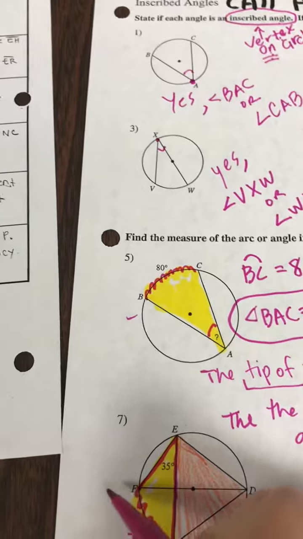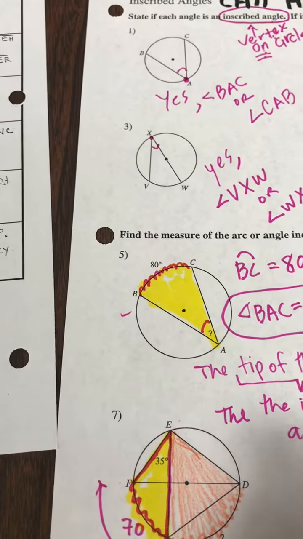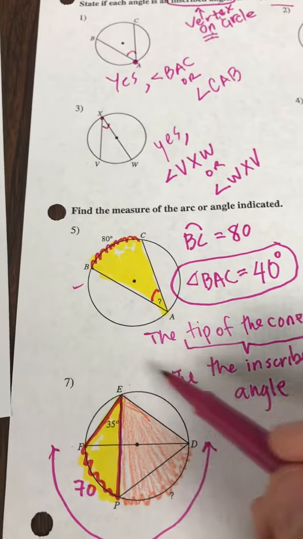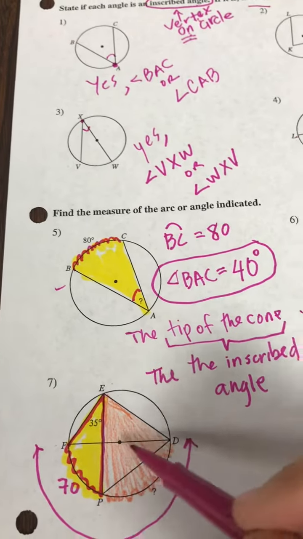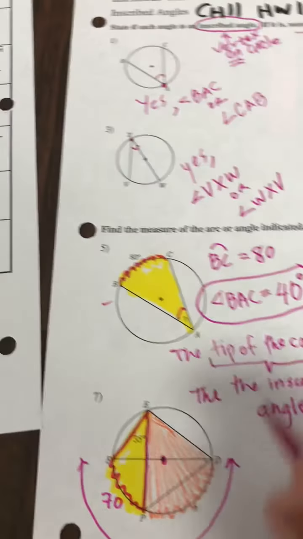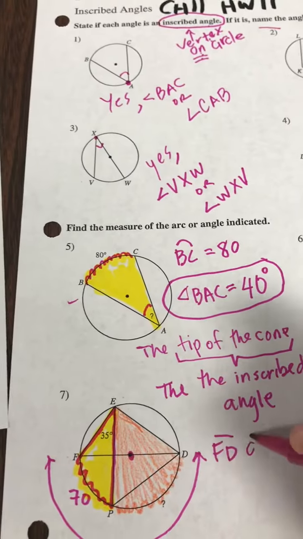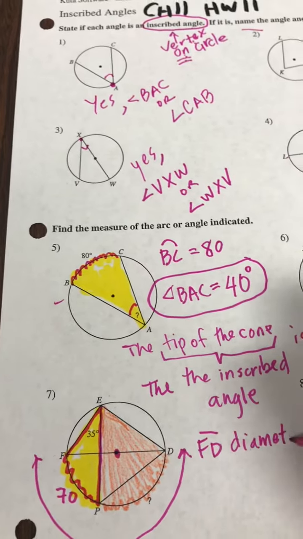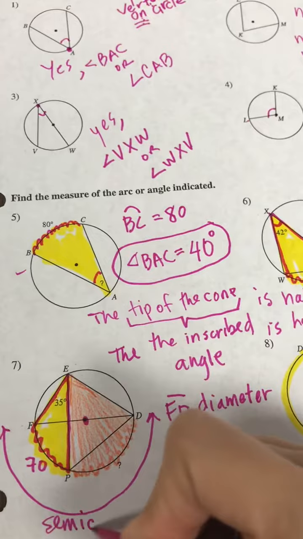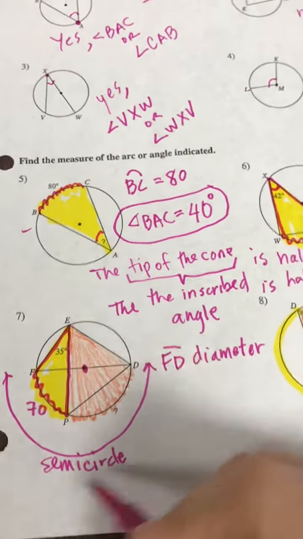We also noticed that we have a definition for arc FD. Because FD goes through the center, FD is a diameter. So because FD is a diameter, we also know that what just got created was a semicircle. We worked on that today too.